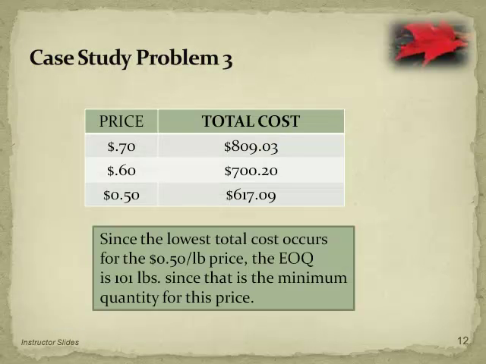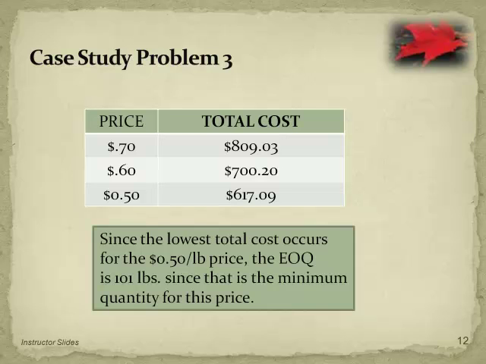So now we've calculated the total cost for each of the price points. Now we can take a look at each of the price points and the total cost for each. And we will observe that the lowest total cost occurs at the 50 cents per pound price point. And the minimum quantity that we must buy in order to get the 50 cents per pound price point is 101 pounds.